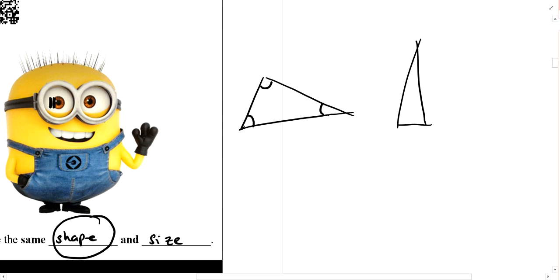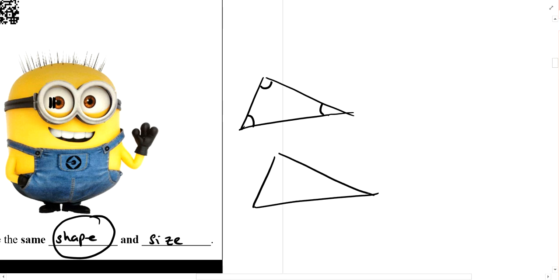So for example, these two triangles look quite different. If I draw another triangle, same shape, it's going to look like this. So this angle and this angle are the same. These two are the same. Then these are the same. Now these two triangles have the same shape.